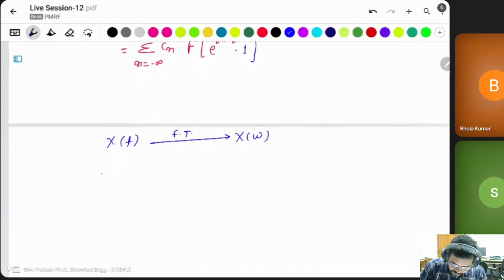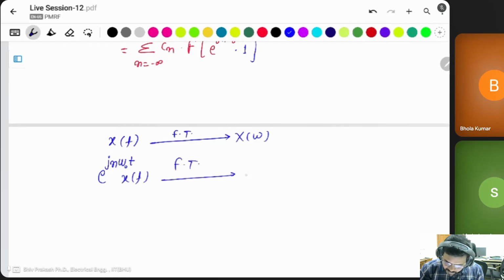If there is any multiplication of e to power of j n omega naught t in the time domain, then what is the Fourier transform of that function? This will be simply X(omega minus n omega naught).